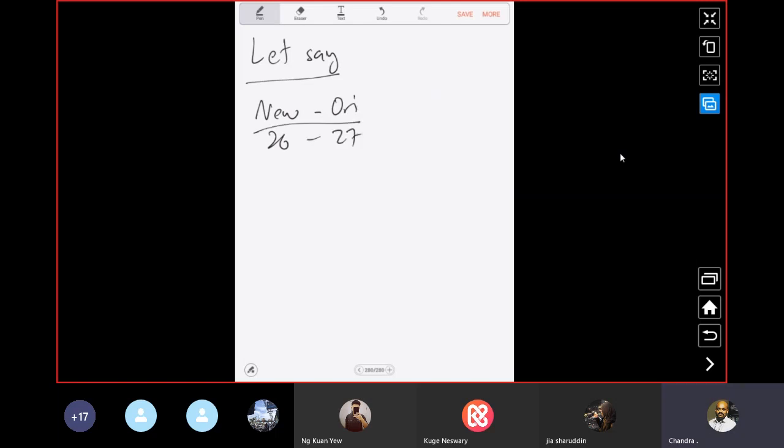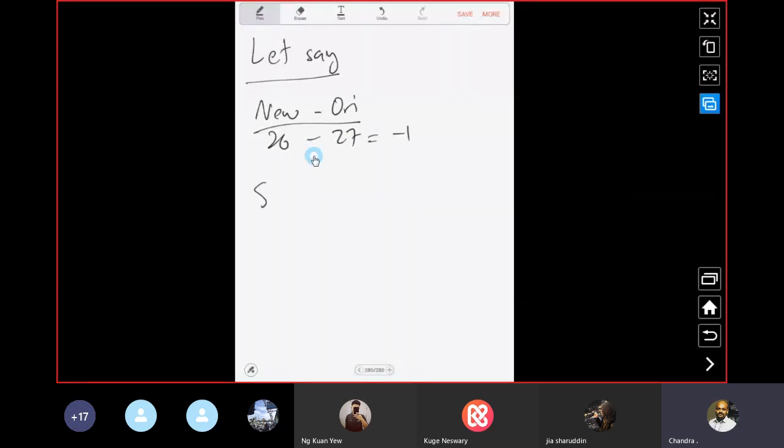For the previous example, let's say you have 26. Now 26, is this an improvement? This is not an improvement. The original is 27. When you compute, you get 26. Is this an improvement? It decreases your profit. It's not an improvement. It's decreasing. You're not happy with that. Therefore, the difference is -1.